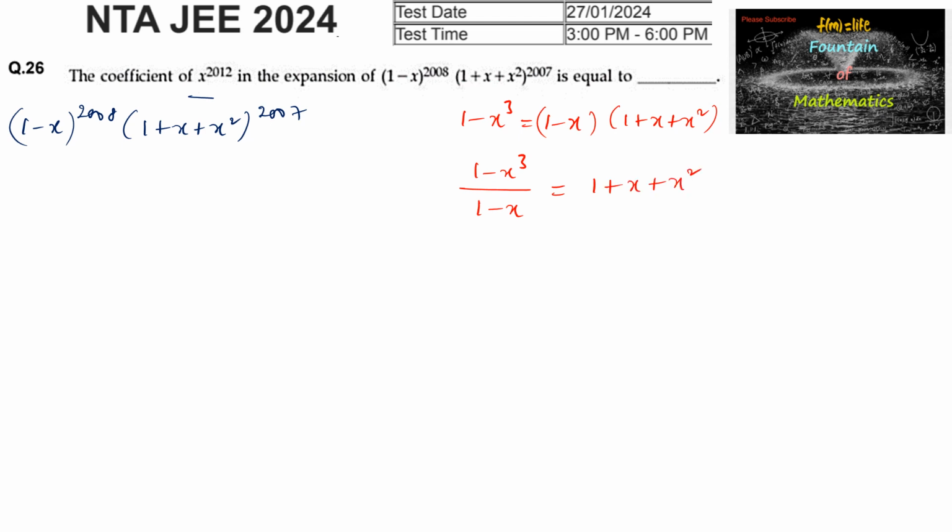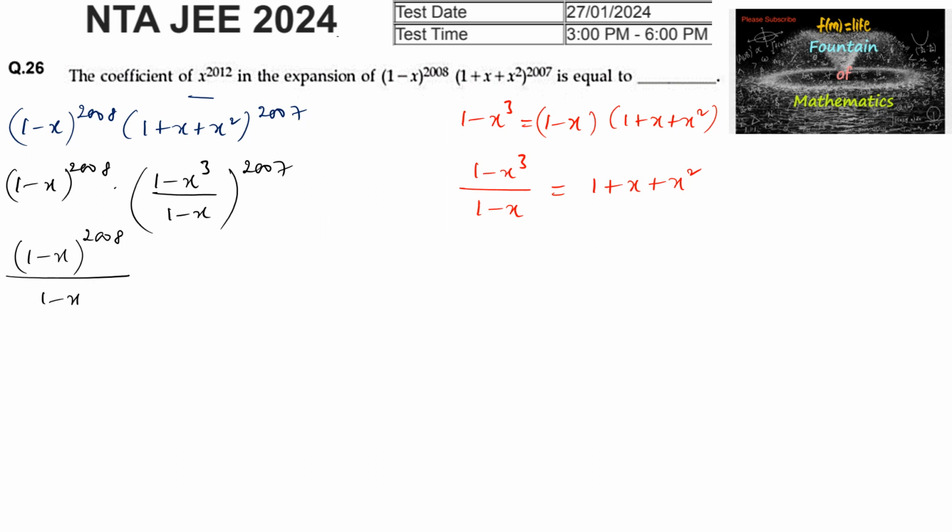So we can write here (1 - x)^2008 into ((1 - x^3)/(1 - x))^2007, which is equal to (1 - x)^2008 / (1 - x)^2007 into (1 - x^3)^2007, or we can write (1 - x)^(2008 - 2007), that is (1 - x), into (1 - x^3)^2007.